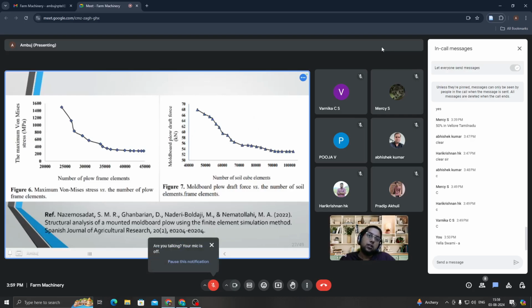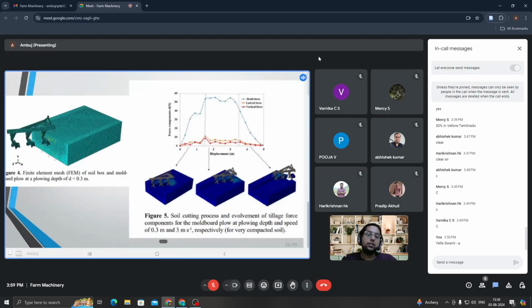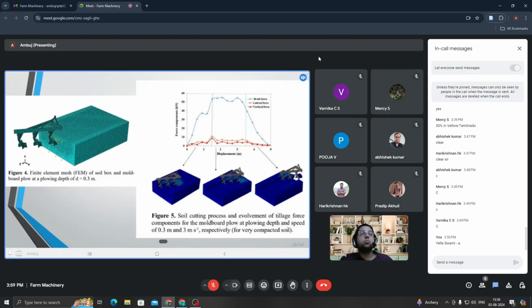This was just to generate interest inside you. Here you can see in the virtual environment, I'll be able to predict where I should keep my center of resistance in order to provide maximum stability to my implement during the field operation.